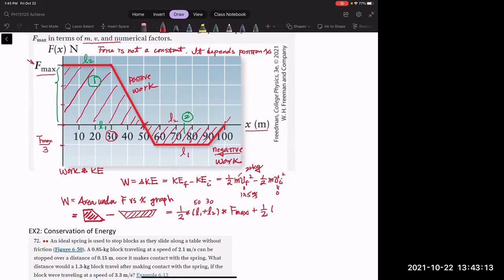So when you calculate this, you have to subtract the area too. Okay, so this one will be L3 and this L4. Then L3 plus L4 times the height. So what is the height for this? The height is right here, which is F maximum divided by 3.